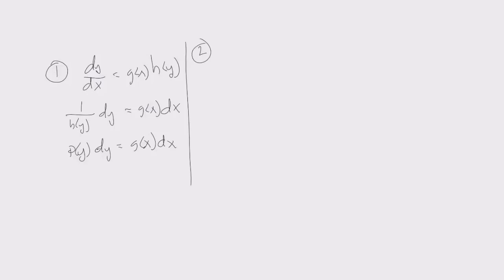Okay, then we have the linear equation method. So the linear equation method says if I can get the equation to look something like dy dx plus some function p of x times y equals some other function of x, then I find what's called an integrating factor.